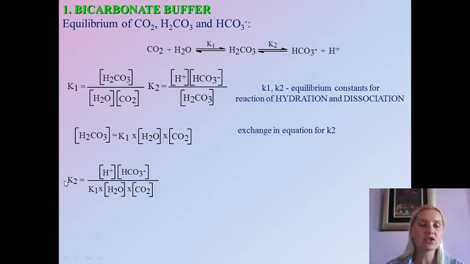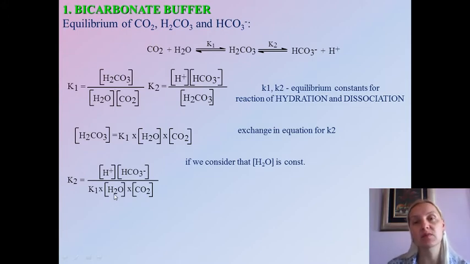So we have two constants, K2 and K1, and what else we can do? We can consider the concentration of water as a constant value, because you know water is a solvent, and we learned that if the concentration of solvent predominates in a solution, its concentration is unchanged and it's constant.